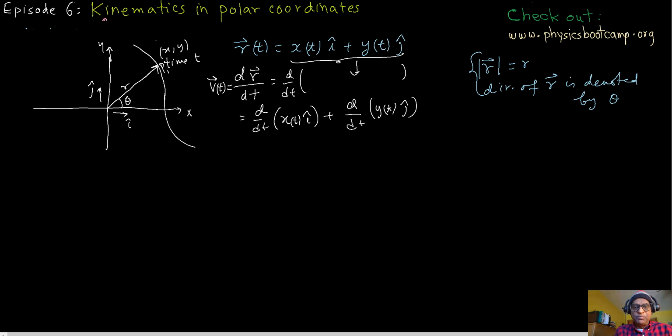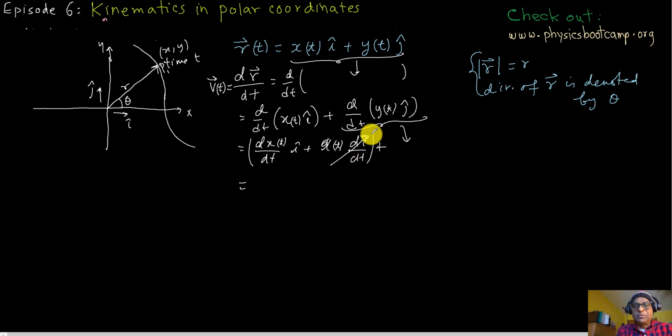Then this is a product, so you get two terms here: dx/dt i hat plus x(t) d(i hat)/dt, plus a similar thing over here.